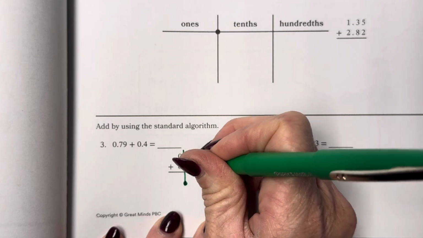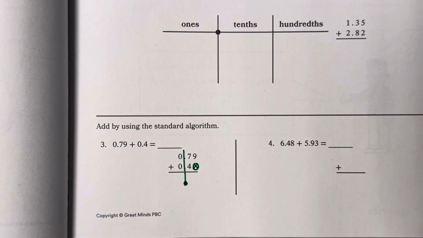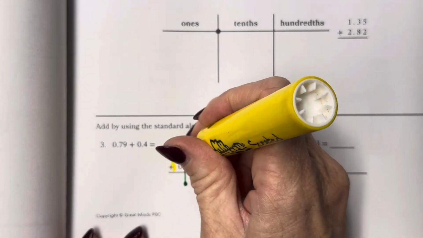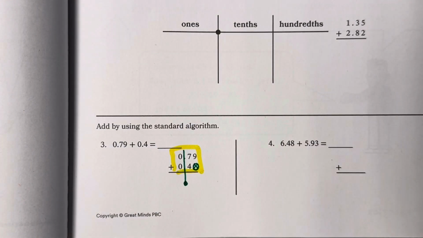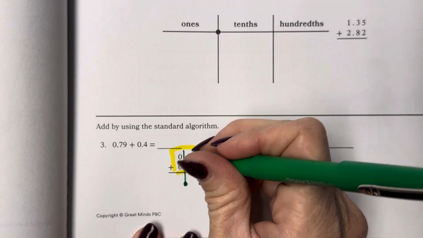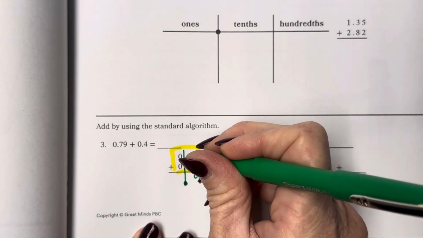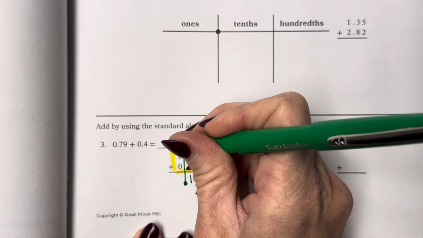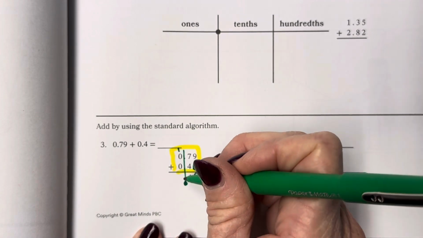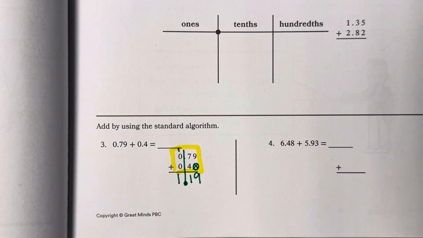That's a really good habit to get into for when we start having more complicated problems or we start subtracting, so then we have our nice perfect box. Okay, so I have 9 plus 0 is 9, 7 plus 4 is 11, and 1 plus 0 is 1. So our answer is 1 and 19 hundredths.